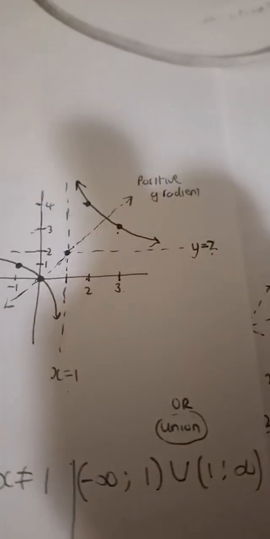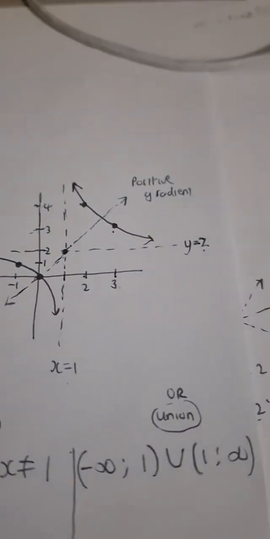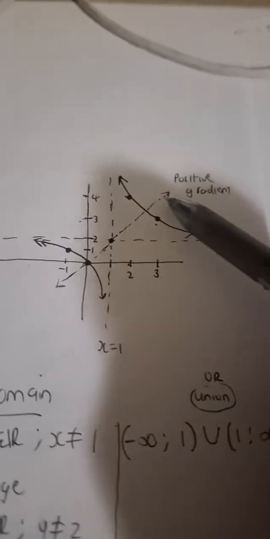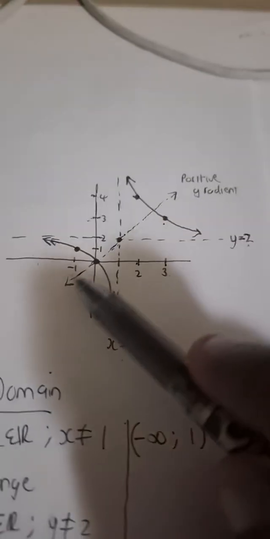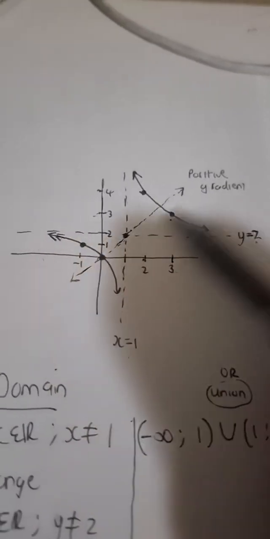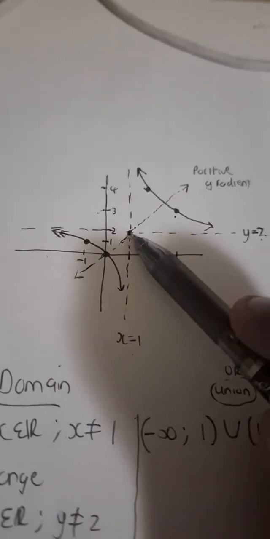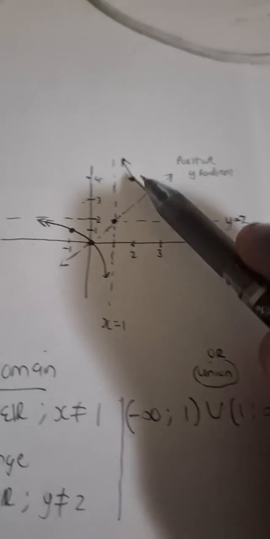Hence we speak about a positive gradient. Is it run over rise? Sorry, it's rise over run, change of y over change of x. So a positive gradient is an increasing straight line that cuts through the point of intersection of the asymptotes.